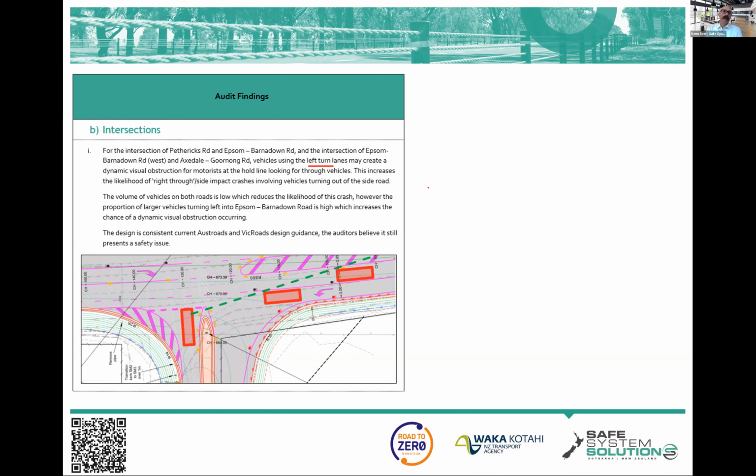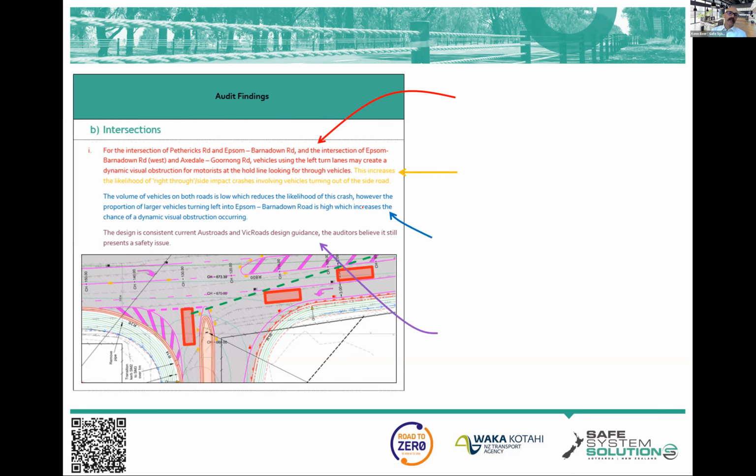This is a really good practice way of formulating an audit finding. And I'm actually going to turn it into a formula or a recipe for you. And this is what we want to see when you are writing up the audit findings. So you're taking one of those specific issues and you're fleshing it out.